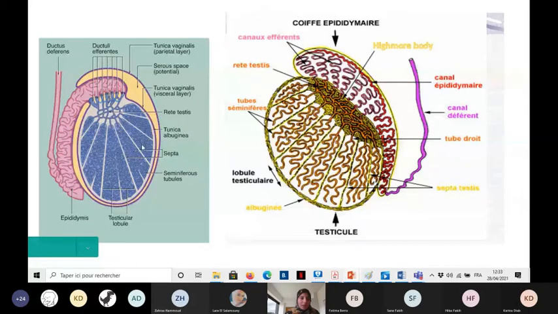seminiferous tubules, and those extensions to the inside are called septa. We say that the tunica albuginea is forming septa between the seminiferous tubules, and the singular of septa is septum.